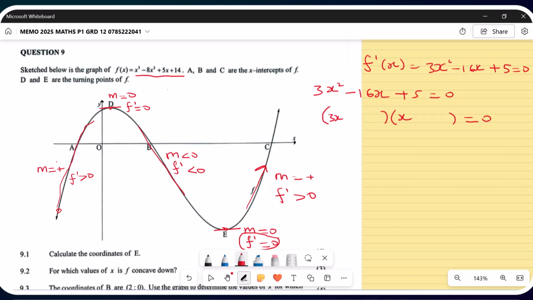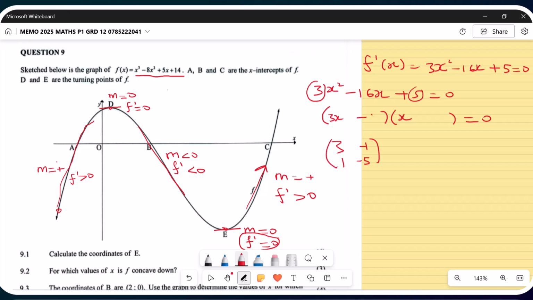I can say this is 3 and this 5, so 3 times 1 together with 5 times 1, or 1 times 5, but because of the negative 16 here, I must make them negative. So in other words, I'm going to have 3x plus 1... (3x minus 1) then (x minus 5). This is called the cross method.